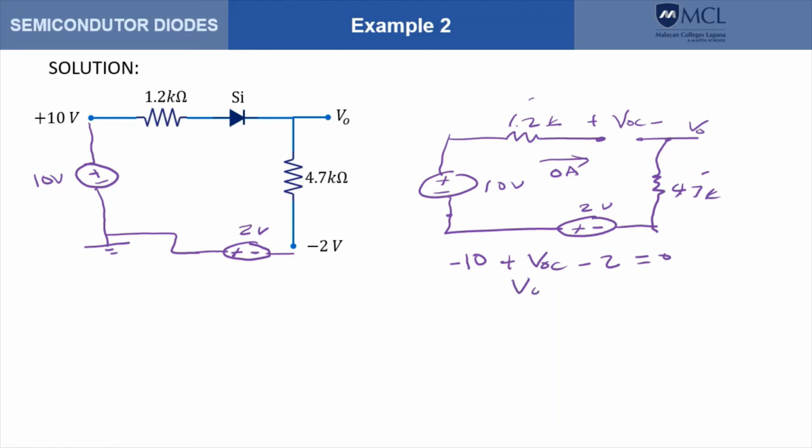That should give us VOC equals 12 volts. That means this diode will be forward biased and therefore can be replaced by its turn-on voltage. This will give us a more simplified circuit that looks like this.